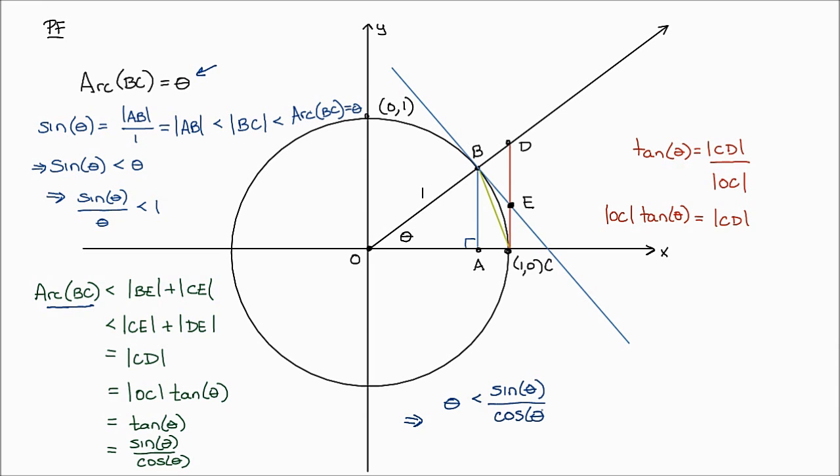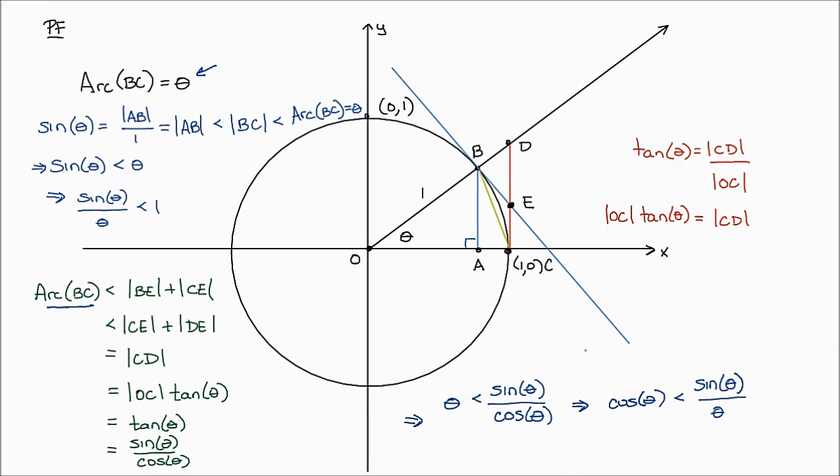Now I'm going to go ahead and multiply both sides by cosine of theta and divide both sides by theta, and you'll get the following. Cosine of theta has to be less than sine of theta over theta itself. Now we have this bound on sine theta over theta.